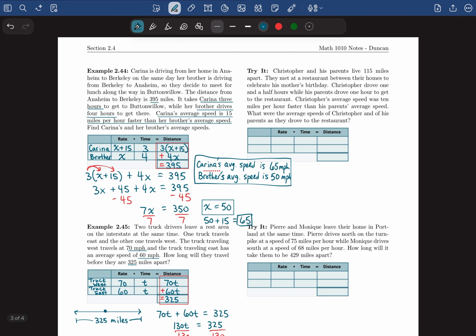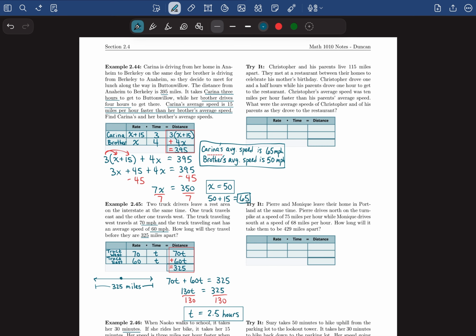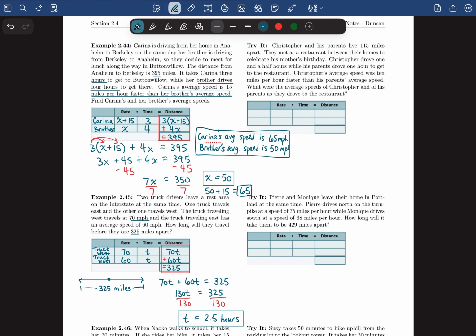It's kind of the grand finale, making sure that we understand how to read word problems and turn everything we see into mathematical equations and expressions. I hope that this has been helpful for you as you've looked at me write out and organize the information into tables.